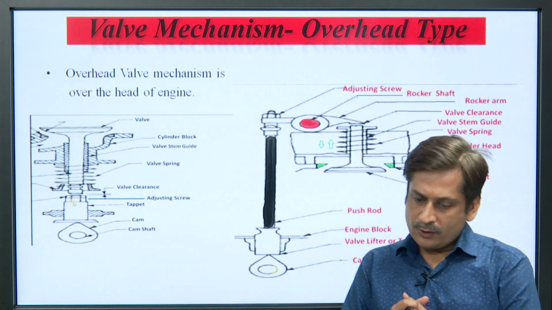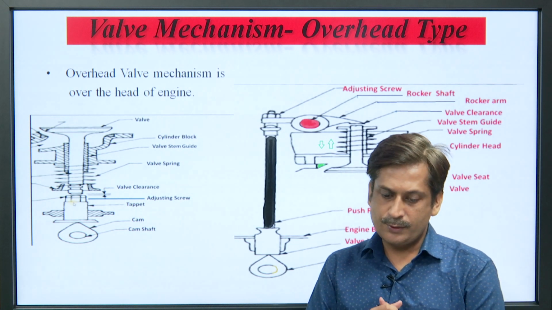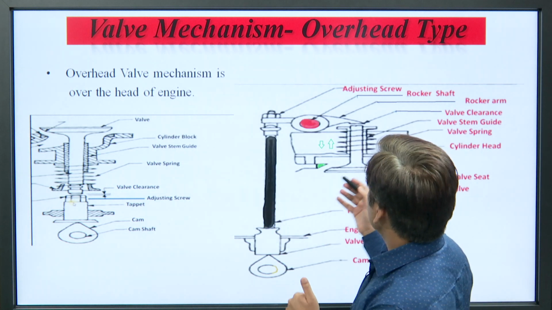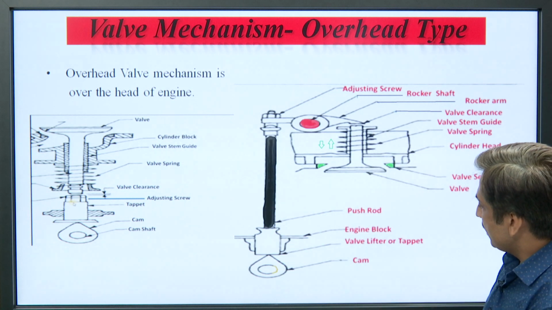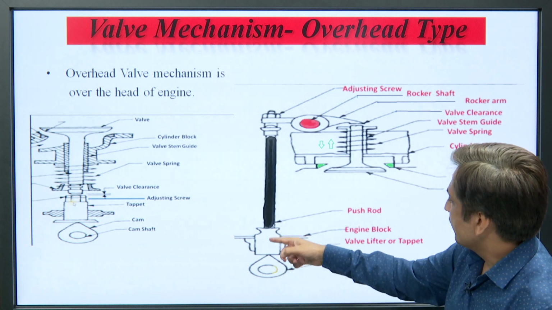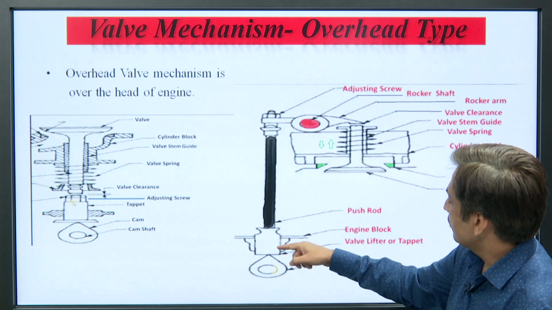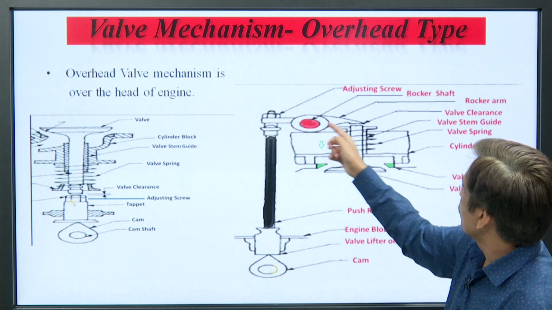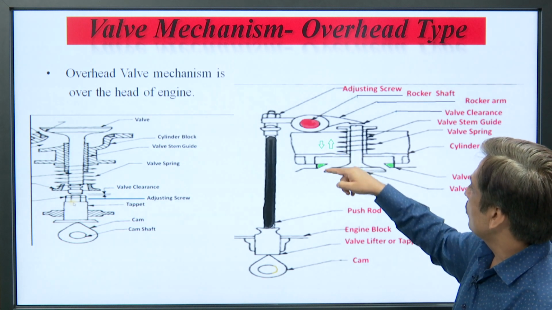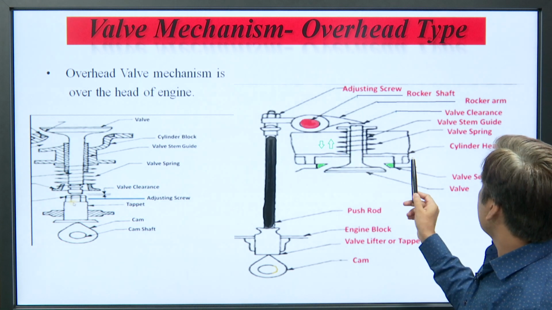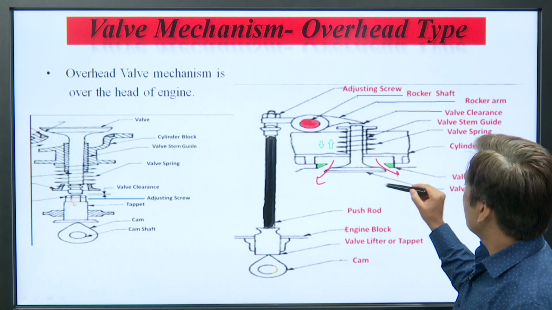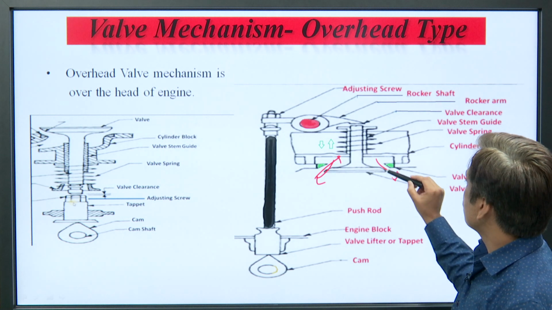This diagram is for the overhead valve mechanism. You can see the same diagram, the working here is the cam. The movement of this cam causes a swing motion and the spring goes down, you can see here upward and downward motion. This is known as the valve seat, fresh charge comes from here or exhaust will go from here if this is the exhaust valve.